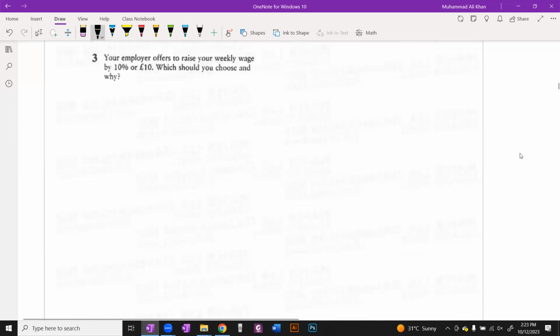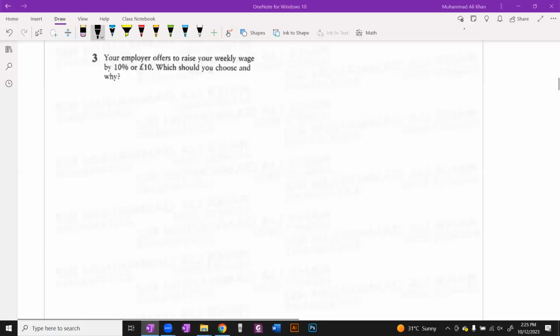Next, question number 3. Your employer offered to raise your weekly wage by 10% or £10. Which should you choose and why?